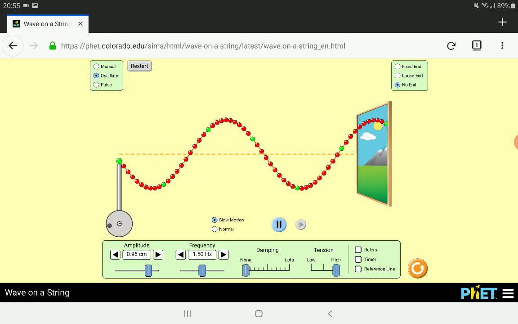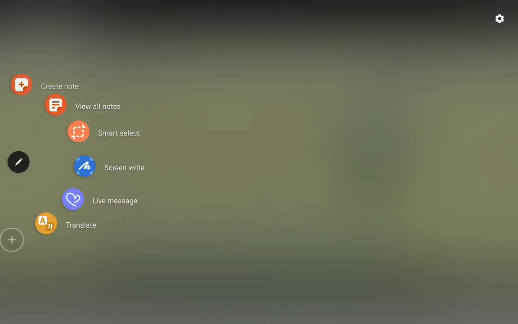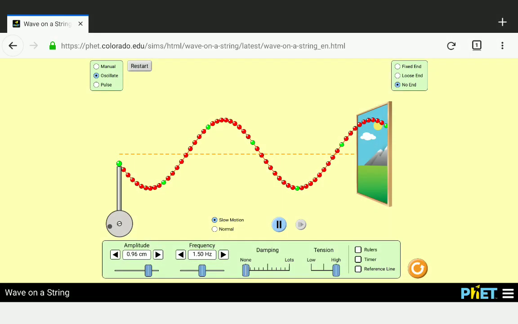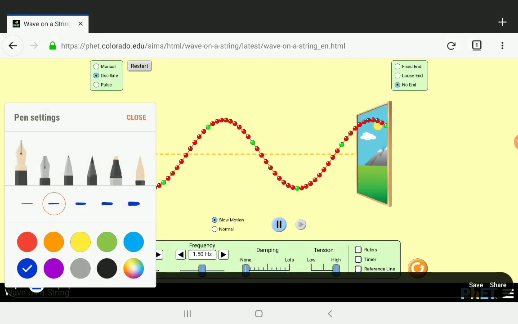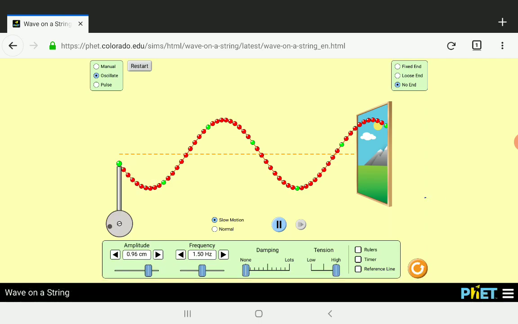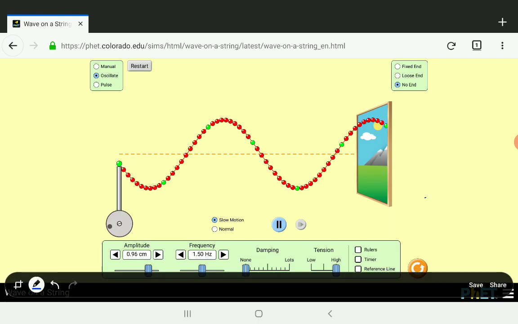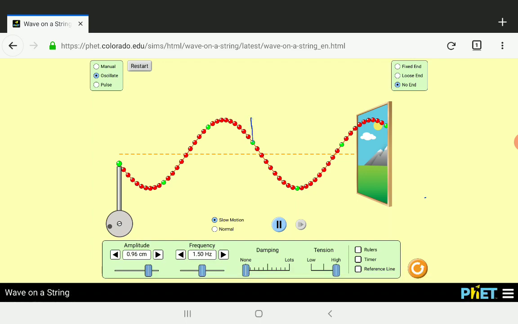And if you remember from this model, what we were looking at is the fact that each one of these particles that is along the wave is actually moving up and down around the equilibrium position, right? So they are actually executing what we call simple harmonic motion.